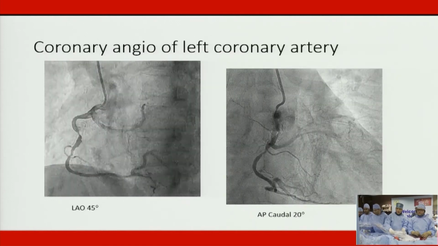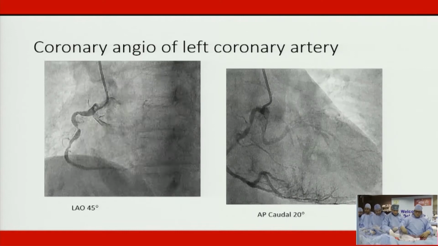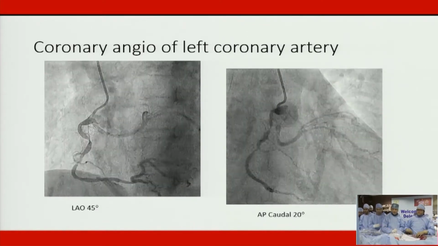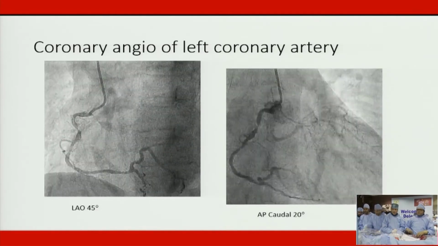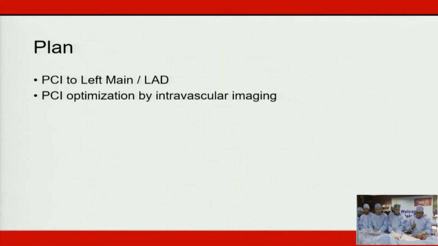This is the coronary angiogram of the left coronary system, which shows significant disease in the left main and diffuse disease in the left anterior descending artery proximal to mid, and disease in the proximal part of the left circumflex artery. Our plan is to do PCI to left main and LAD with PCI optimization by intravascular imaging.